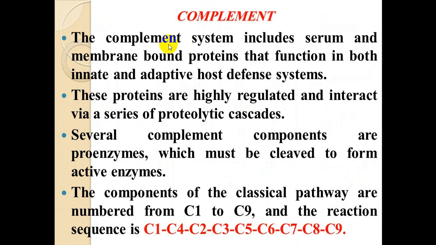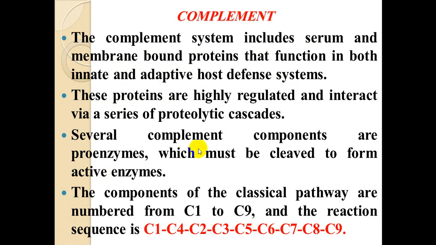Firstly, the complement system includes serum and membrane-bound proteins that function in both innate and adaptive host defense systems. These proteins are highly regulated and interact by a series of proteolytic cascades.